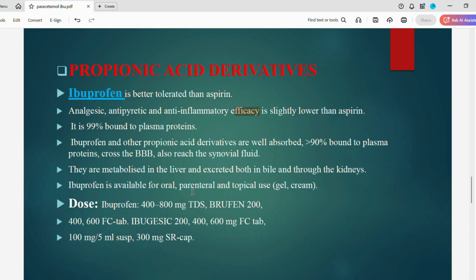So most of the available form is orally only. Here we prefer tablets only. Okay, so doses are 400 to 800 mg. Brufen is 200 mg, 400 mg, and 600 mg. These are some other examples of ibuprofen.